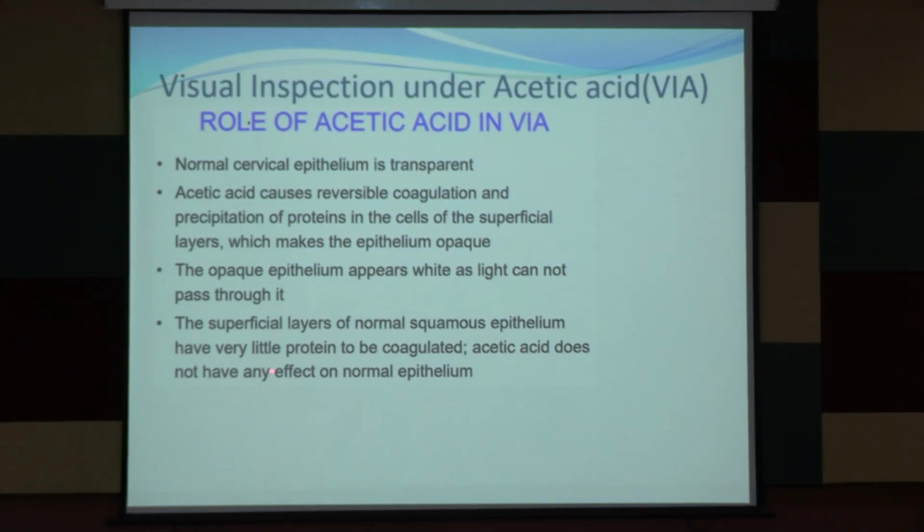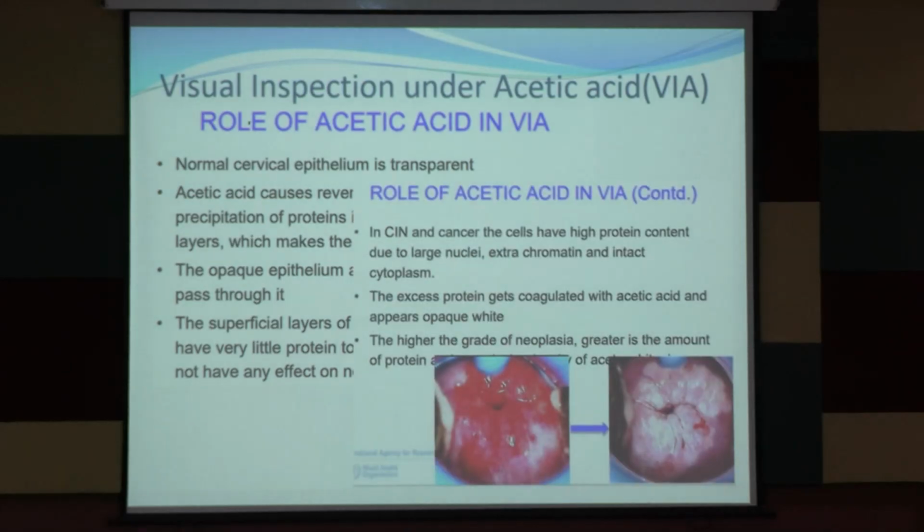Therefore, there is hardly any effect on normal epithelium. Whereas in abnormal cells, the acetic acid tends to coagulate the protein content. Larger nucleus, more protein. With more abnormality, the protein content tends to increase. And therefore, it tends to stain dense acetowhite. Dense acetowhite means the lesion is abnormal.